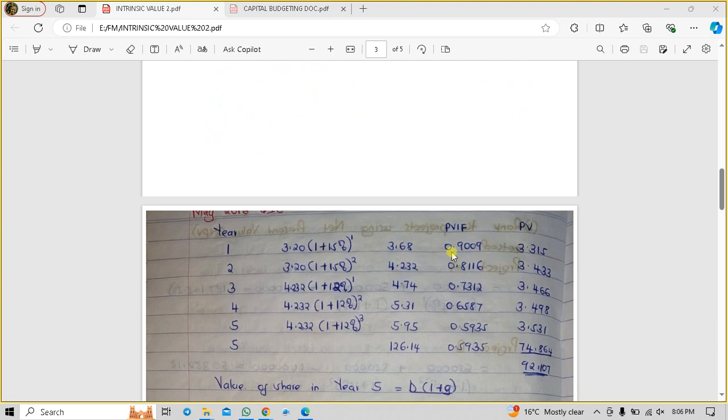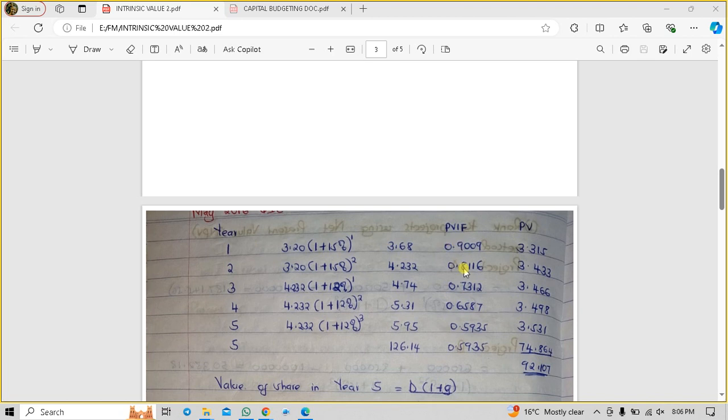I hope all of you are getting this figure. That one is correct, very correct. So that is for the first year, we use power negative 1, which is just there in the calculator.